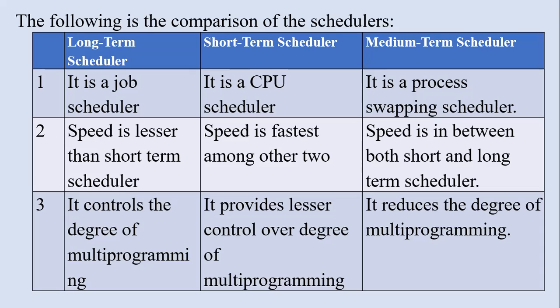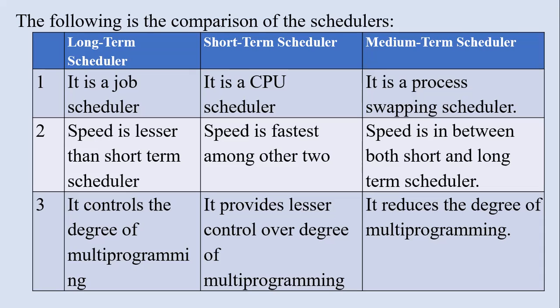Secondly, the long-term scheduler has a lower speed than the short-term scheduler, when the short-term scheduler is faster than the long-term scheduler and the medium-term scheduler. However, the medium-term scheduler speed is in between the long-term scheduler and the short-term scheduler.